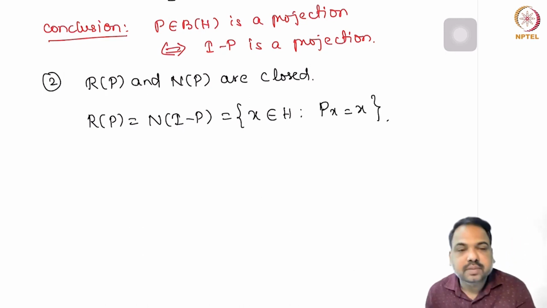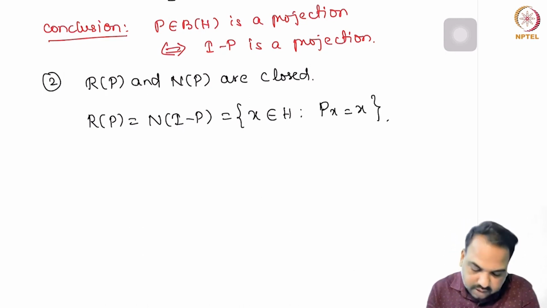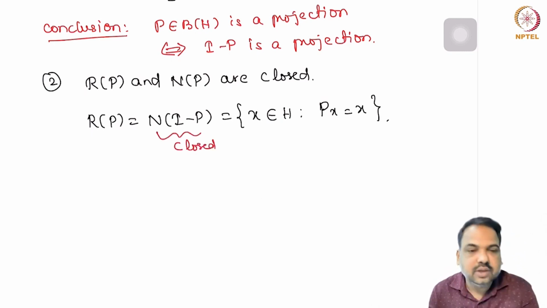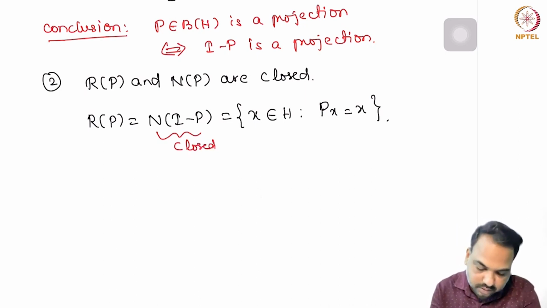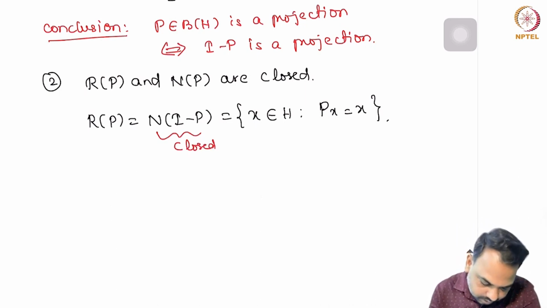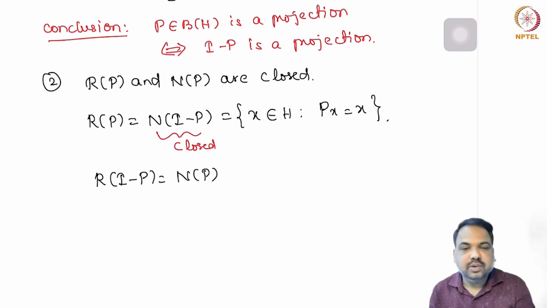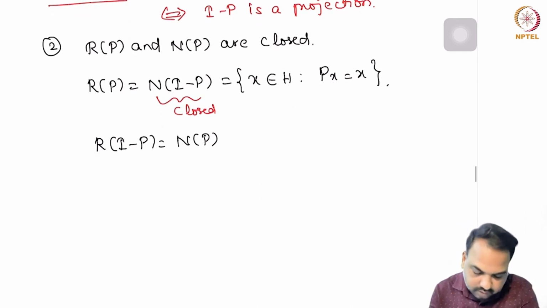So this is trivial. Since I minus P is an idempotent or projection, this is closed, hence the range of P is closed. Okay, so we can also observe that the range of I minus P is nothing but the null space of P. This we can easily prove using the same trick that we used above.